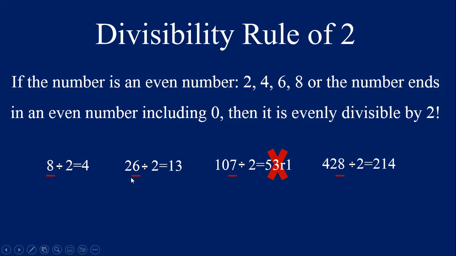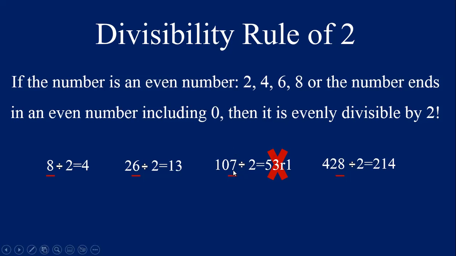What about the number 26? Is it evenly divisible by 2? Well, look at the last digit in the number in the ones place. It's a 6. And 6 is an even number. So this number, 26, will be evenly divisible by 2. And if we solve it out, we get 13. How about the number 107? Well, let's look at the digit in the ones place.